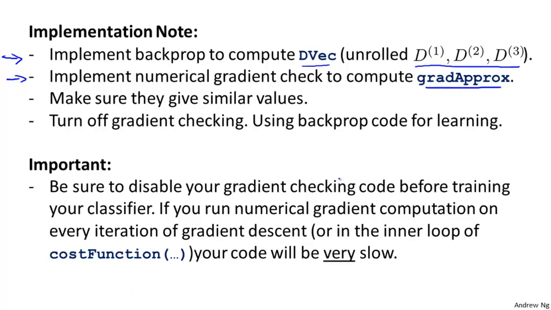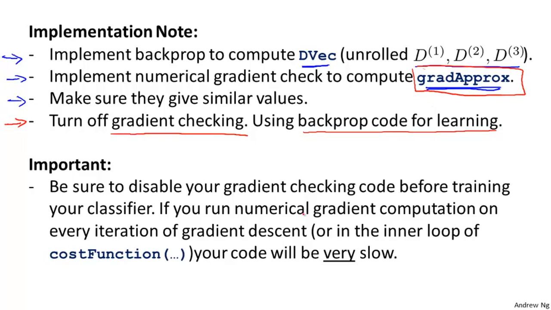Then you should make sure that DVec and gradApprox give similar values, let's say up to a few decimal places. And finally, and this is the important step, before you start to use your code for seriously training your network, it's important to turn off gradient checking and to no longer compute this gradApprox using the numerical derivative formulas that we talked about earlier in this video.